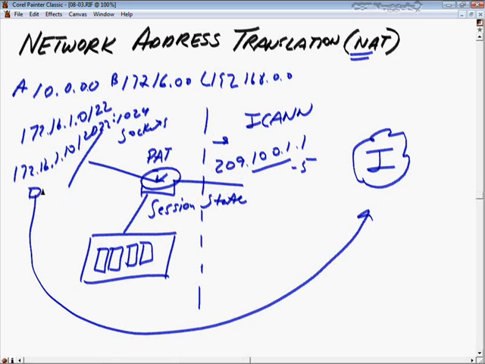I could have a host at, let's say, 172.16.1.10 be translated to 209.100.1.6, for example, kind of a one-to-one mapping. I have that capability.